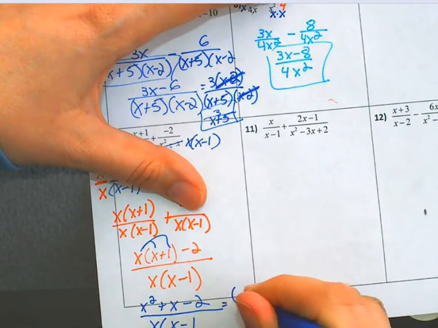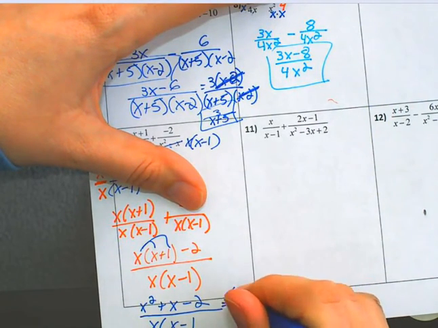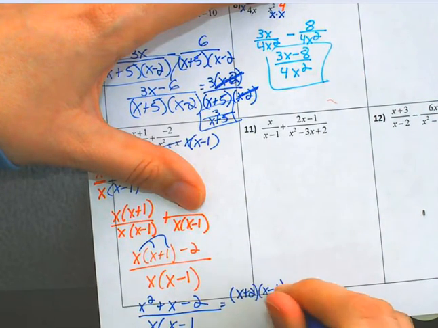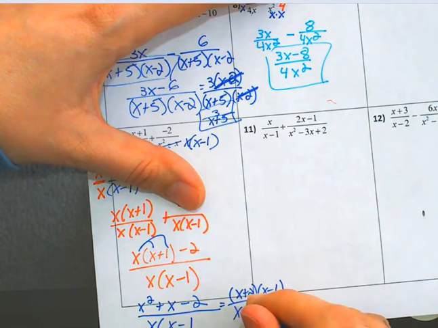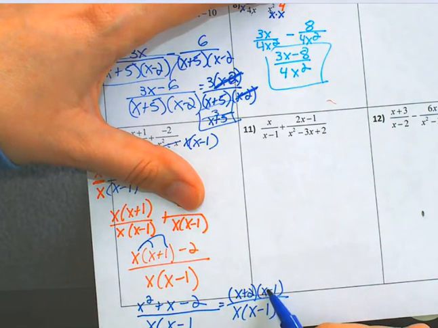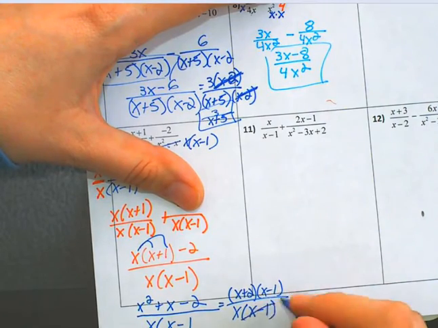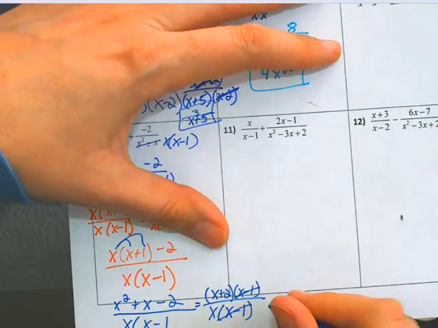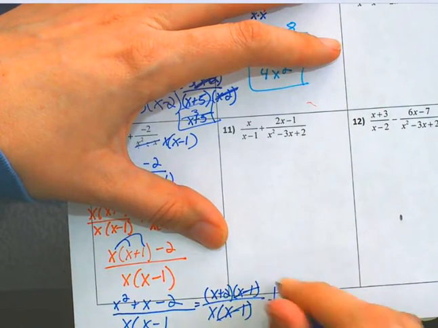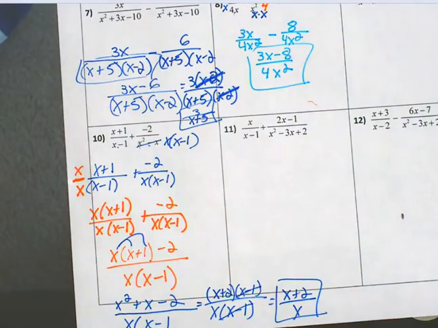And if I factor that, that gives me x plus 2 times x minus 1, and then x minus 1. Notice now I have an x minus 1, x minus 1. I can cross those out. So your final answer is going to be x plus 2 over x. Okay?